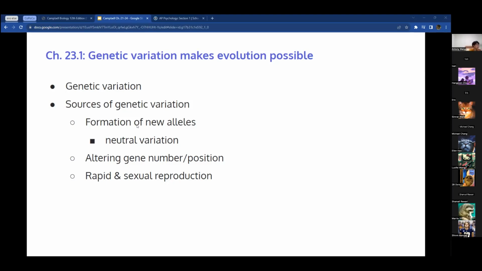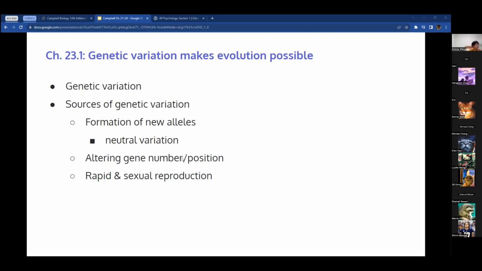Sources of genetic variation: formation of new alleles, altering gene number and position, rapid reproduction and sexual reproduction. All variation comes originally from mutation. Most mutations are neutral. Some are detrimental, but a small few can be beneficial, and these are the ones that are propagated in new generations.